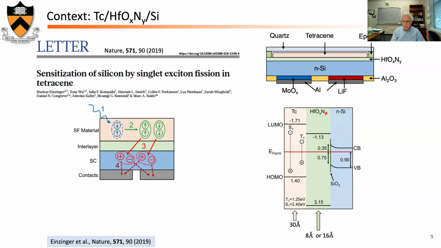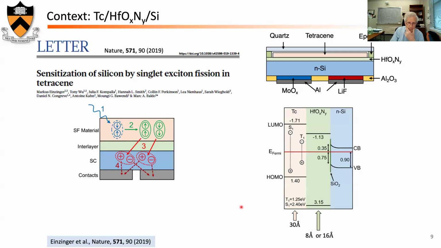And the electronic structure of the tetracene, oxide, silicon is represented here with the HOMO and LUMO levels of the tetracene, the conduction and valence band of the oxide right there, and the silicon. So I'll come back to that in a second.